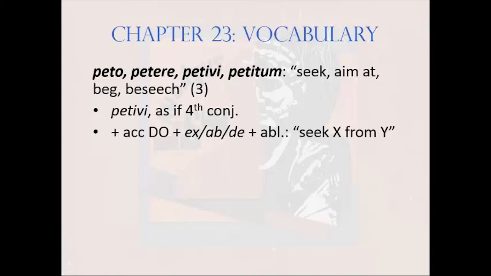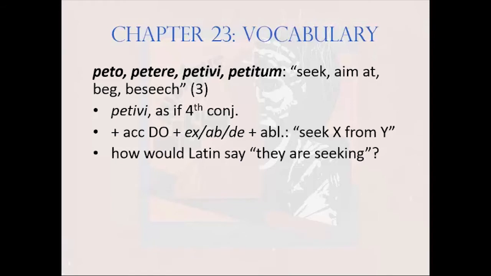You seek something, accusative direct object, from someone, prepositional phrase. How would Latin say, they are seeking? That's just the present active third person plural. So what's the thematic vowel used in that form in third conjugation?